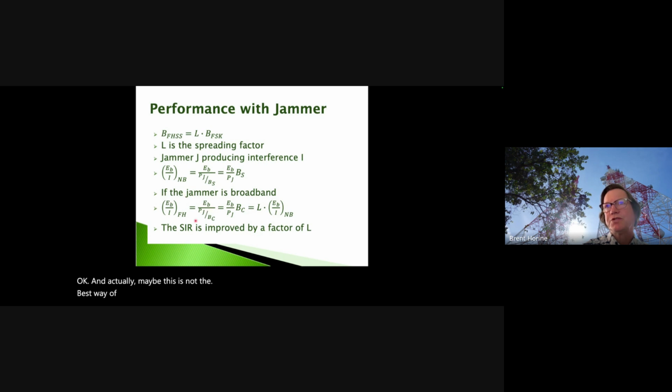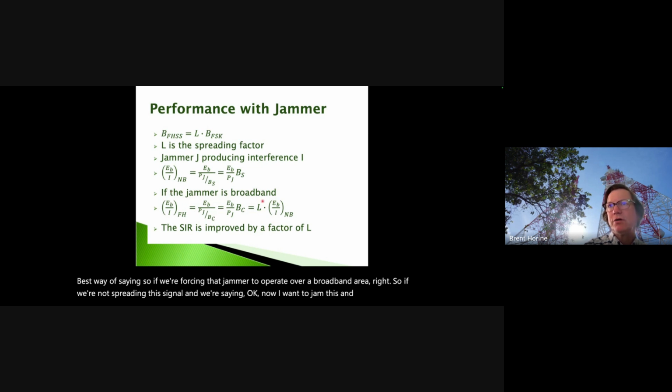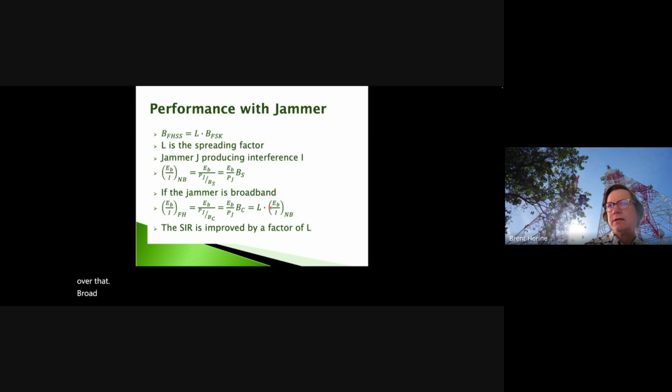So if we're forcing that jammer to operate over a broadband area, if we're now spreading this signal and saying, okay, now I want to jam this, and I've got to jam it over that broad bandwidth, then now I've got this relationship here where this energy per bit relative to the interference, normally we want this to be a large value, right?